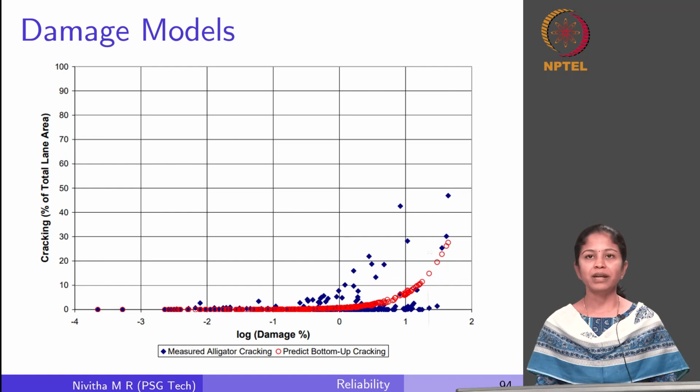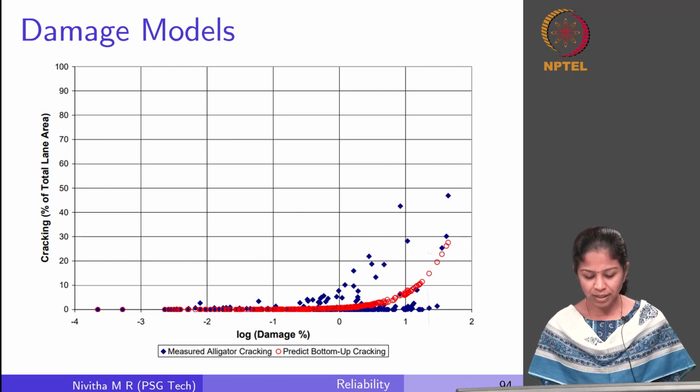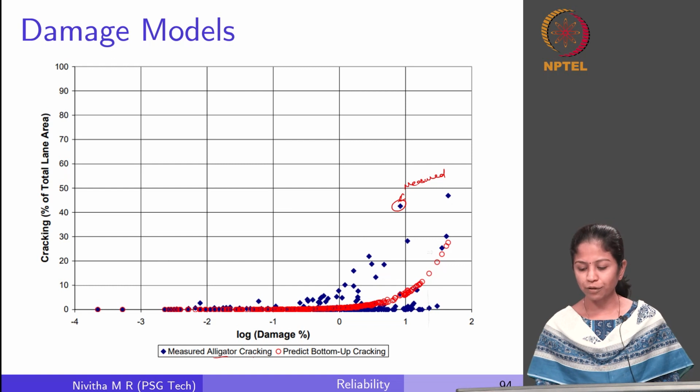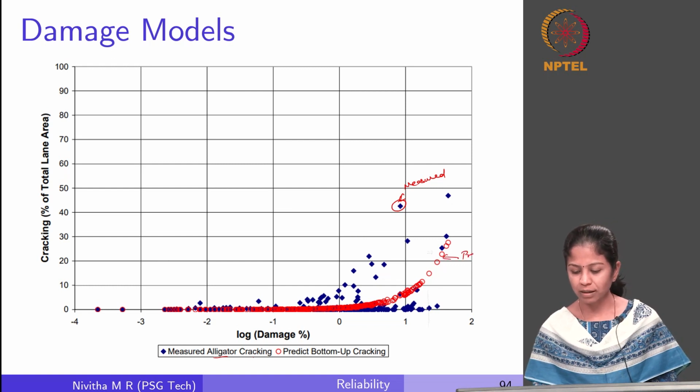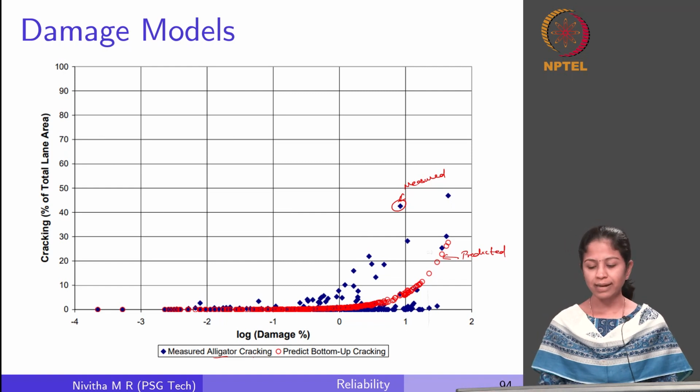Such a study was carried out, the fatigue cracking was measured from the field and it was also predicted. You can see here, this is measured alligator cracking, these blue squares are measured values from the field, and these red ones are predicted using the design equation, right.